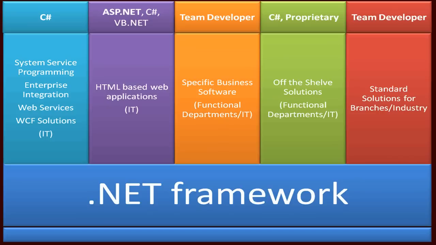Functional departments can create specific business software using Team Developer. And of course, Team Developer can call all the specific system level programming that the IT department has created in C#. Off-the-shelf solutions like SAP and Oracle Financials also provide interfaces that you can leverage from .NET.